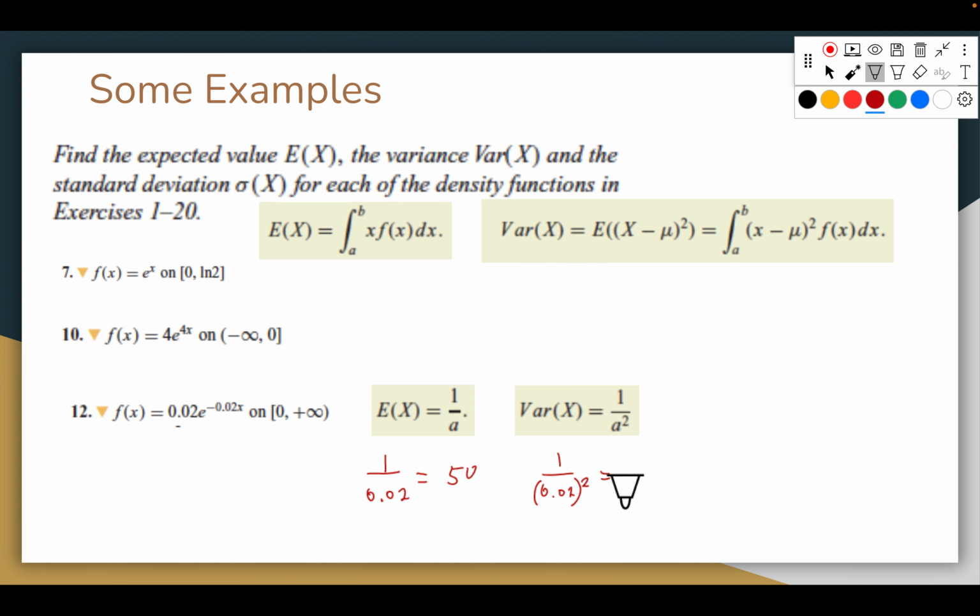And that one is going to be 500 or 5,000 or something, or what is it? 0.02 squared, and then the reciprocal, 1 over 0.02 squared. I guess I could just pull it up.